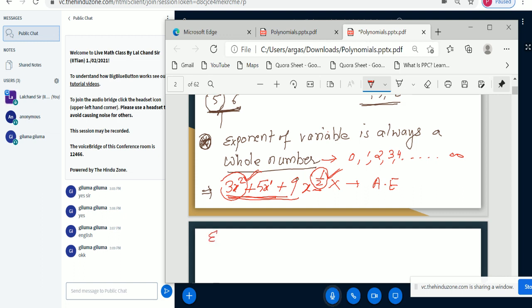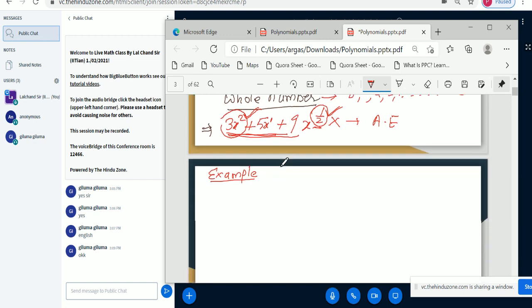Okay, for example, if I write 3x square, is this a polynomial or not? Just tell me, is this a polynomial or not? Yes, it's a polynomial. Basically, it's an algebraic expression and the exponent is a whole number.